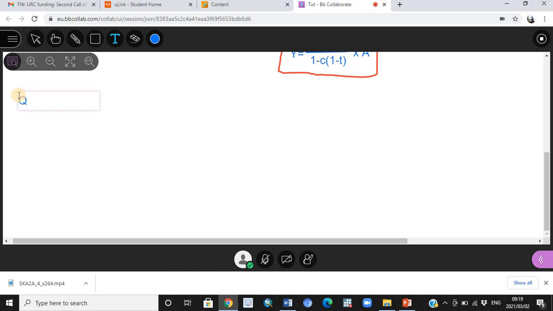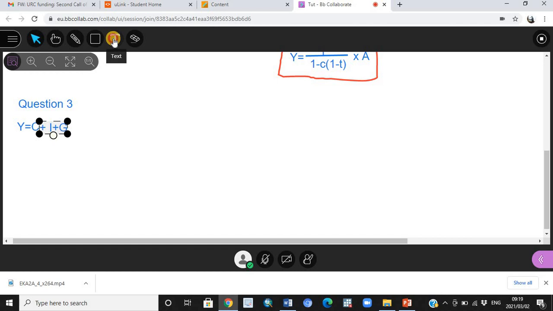Question 3: we have an economy Y equal to C plus I plus G. It is a simple economy with only these sectors, where our marginal propensity to save, S, is equal to 0.2.